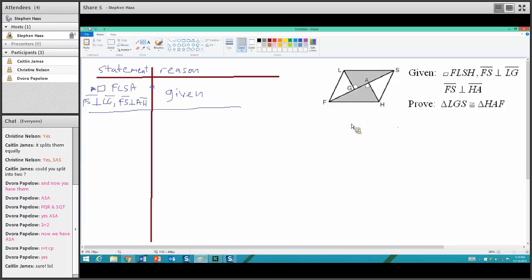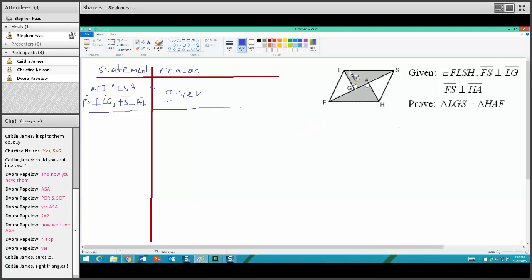That's these two triangles, the gray ones. Those are what we're going to have to get. What do we have? Well, okay, we've got these two right angles. We've got LGS and FAH as right angles. They're right triangles, that's right. But let's say that they're right angles, even though they're perpendicular, because that's what perpendicular means.